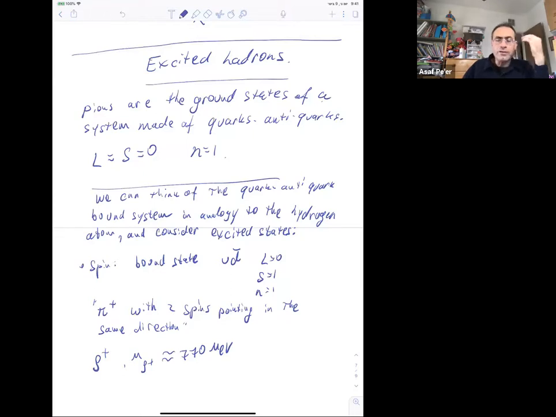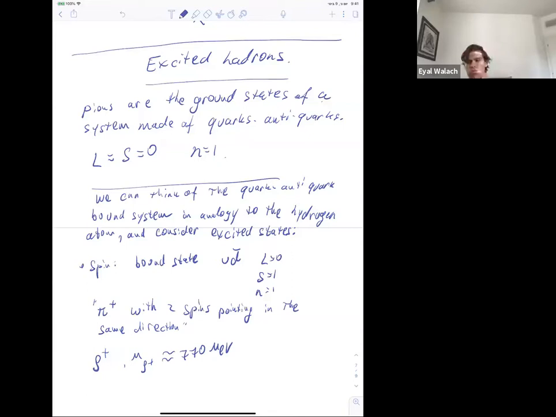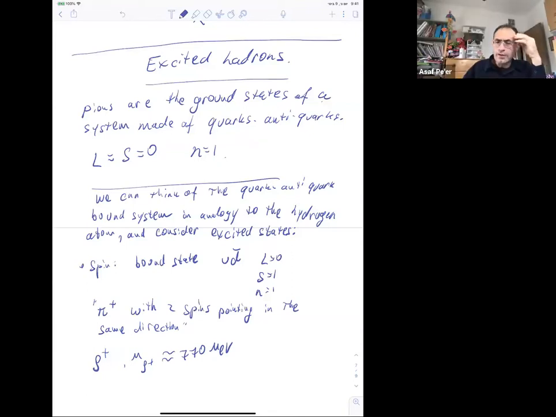Now you can think of the mass difference as really the hyperfine splitting. This is very analogous to what we're seeing in atoms, right? We have a magnetic interaction between the spins of the electron and the nucleons at the kernel. Now in hadrons, it's analogous, but the interaction is chromomagnetic, so it's much stronger.